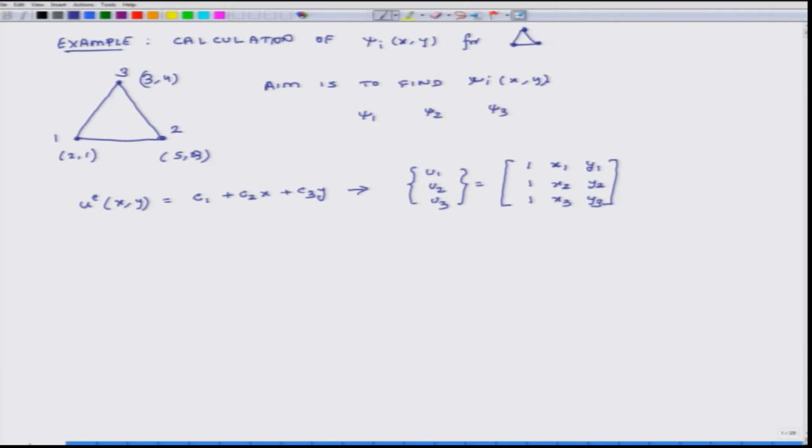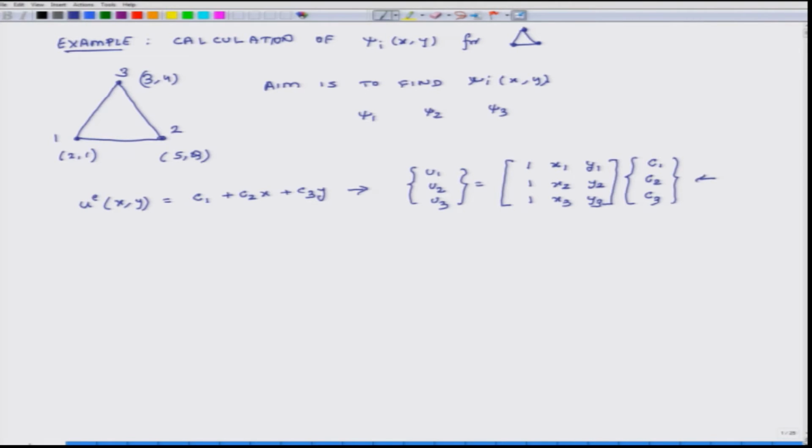Here x1 y1 is the location of node 1, x2 y2 is the location of node 2, and x3 y3 are the coordinates of the third node. So, we had developed this expression: u1, u2, u3 equals this square matrix times another vector C1, C2, C3.